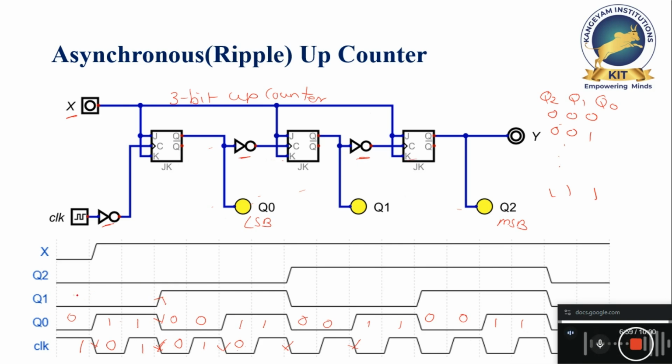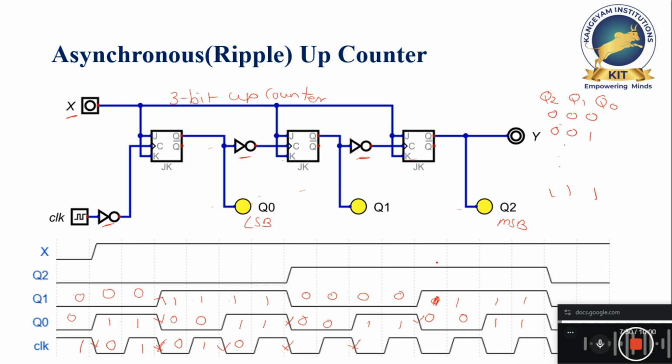Until then it has the value 0, 0. After that it will be 1, 1, 1. That means it keeps its value until the next 1 to 0 transition. When the next 1 to 0 transition occurs, it changes again like this. You understood how it is working.